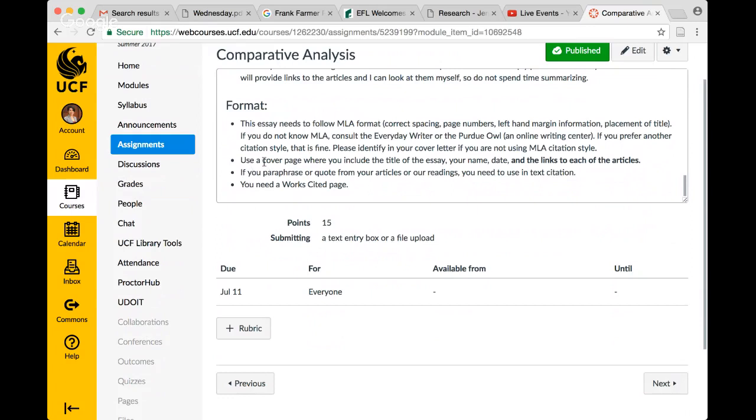I want you to use the cover page. Here you'll have the title, name, date, links to each of the articles, and if you're using a different citation style, that as well. As far as the title of your essay, think about the reason we have titles. It's to know what this is about. So if you title it comparative analysis, I know it's a comparative analysis.